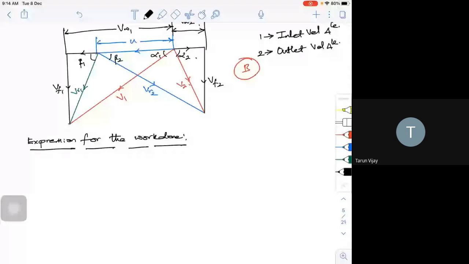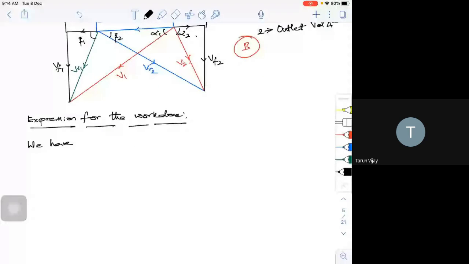Now, we have already got the expression for work done from the Euler equation, which we have already derived. What is it actually?